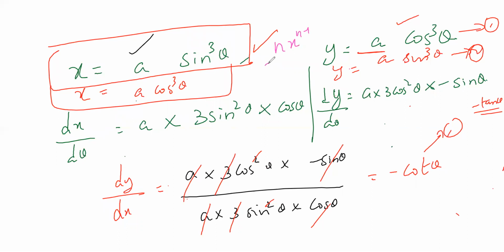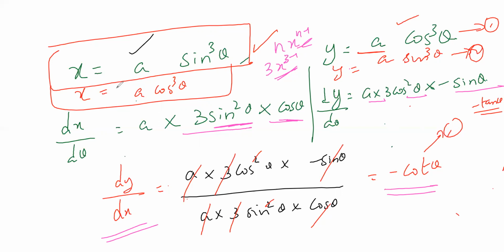So 3x power 3 minus 1, that is 3x square. The same formula only, but instead of x, sin theta is there. That's all. So a into 3 sin square theta, and sin theta differentiation is cos theta. Similarly here, a into 3 cos square theta into minus sin theta. So I got the answer as minus cot theta. I got dy by dx.